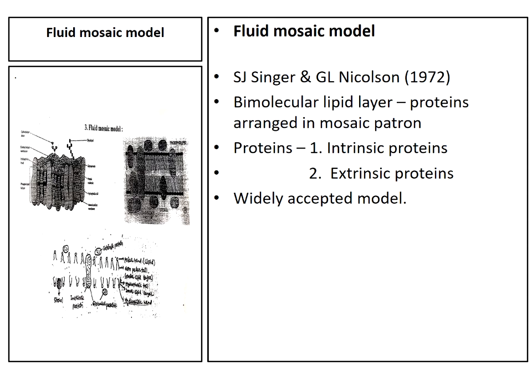According to this model, there is a bimolecular lipid layer in which proteins are arranged in a mosaic pattern. Compared to the sandwich model and the unit membrane model, this model is quite different, and we observe the lipid layer, and in between the lipid layer we observe the arrangement of the proteins in a mosaic pattern.